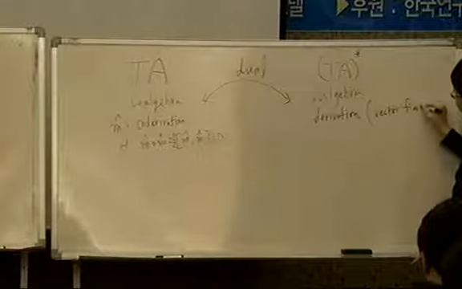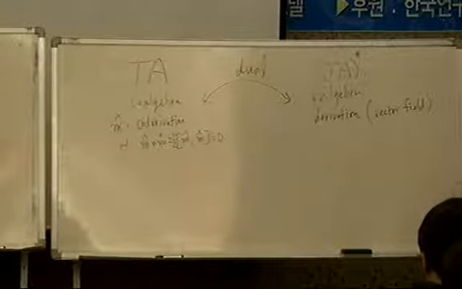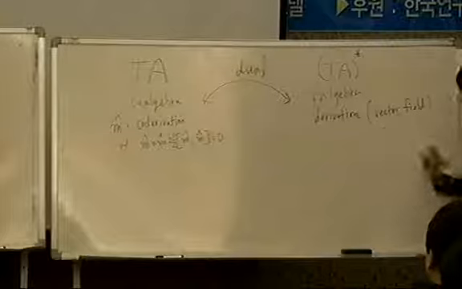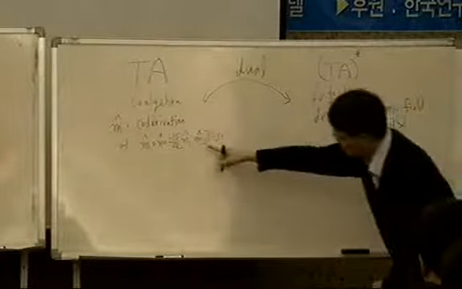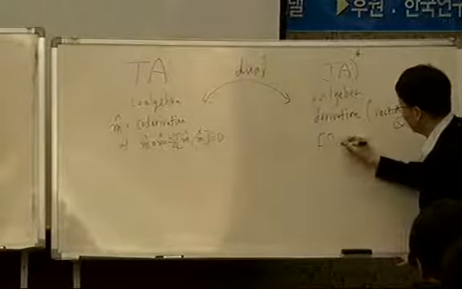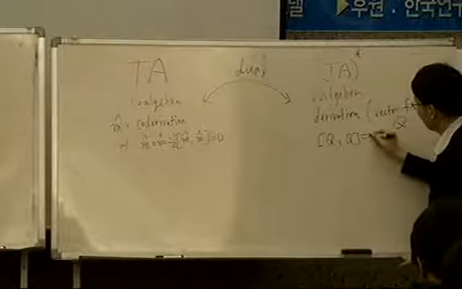If you take a differential manifold in a graduate course, then it's a vector field. And we'll call this vector field Q. And this relation becomes the bracket of Q with Q being 0.